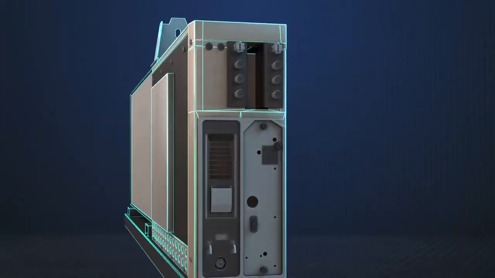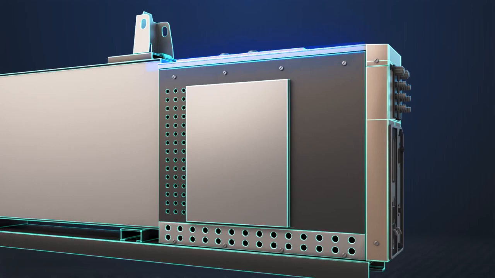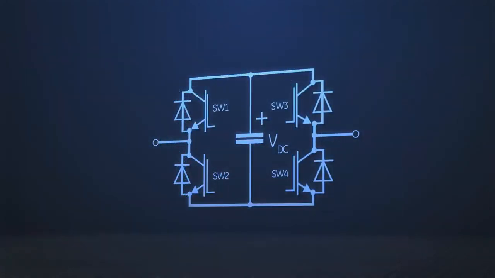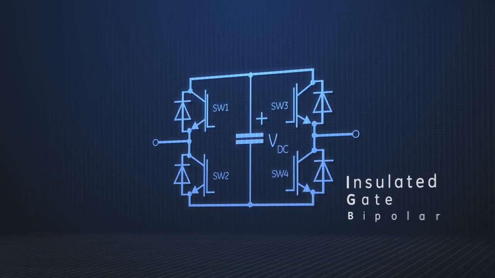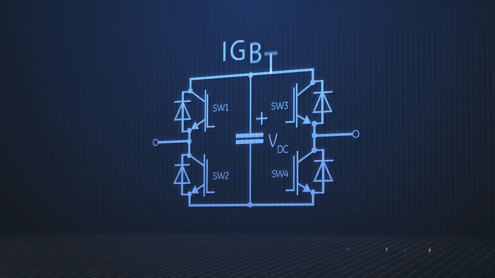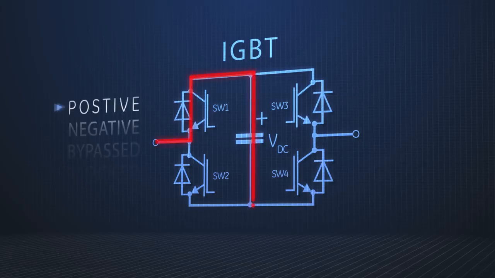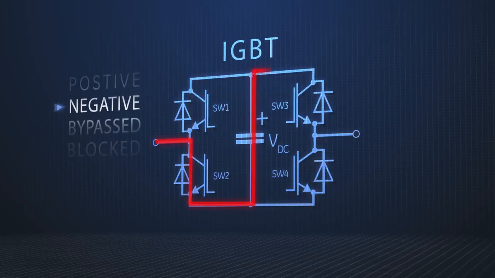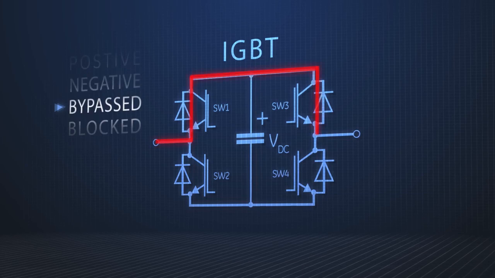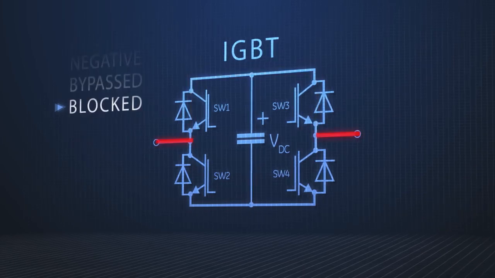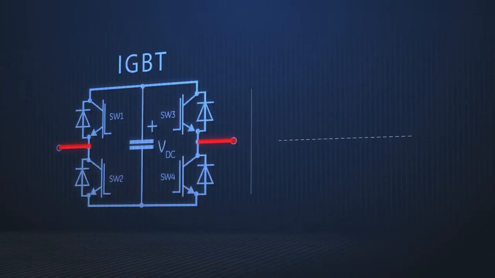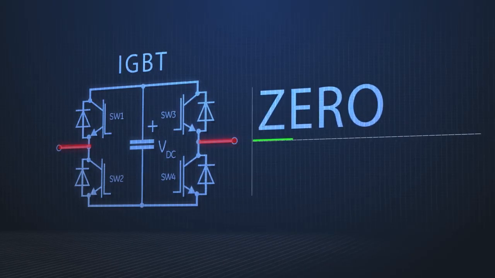The high-speed switch that is in each submodule is actually a set of 4 power electronic devices called insulated gate bipolar transistors, or IGBTs. These 4 IGBTs are arranged and operated in a configuration that produces a positive, negative, bypassed, or blocked state. Starting in the blocked state, the submodule output voltage is 0.